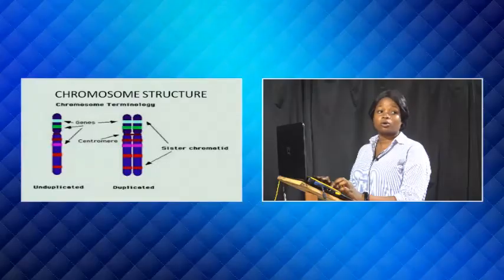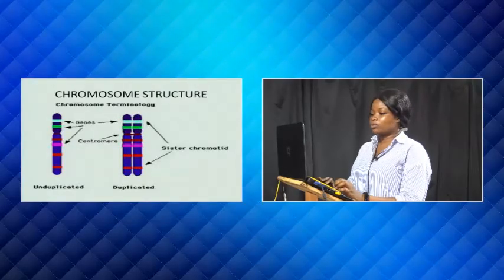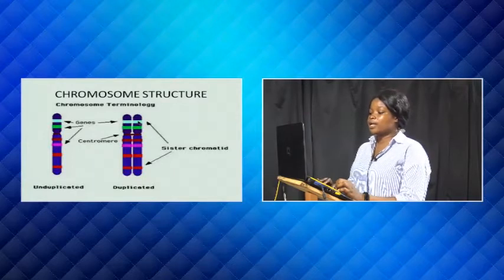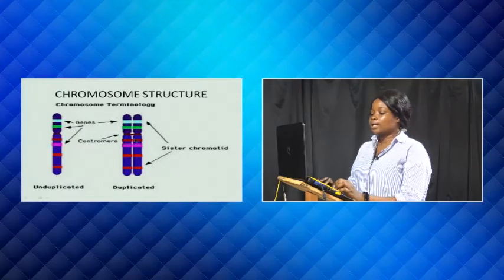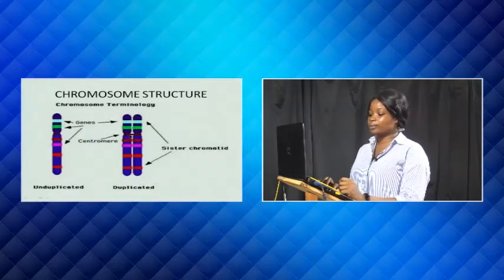Chromosome structure. Now, looking at the typical chromosome, you have the position of genes, then you have the sister chromatids. The sister chromatids are joined together by means of the centromere.